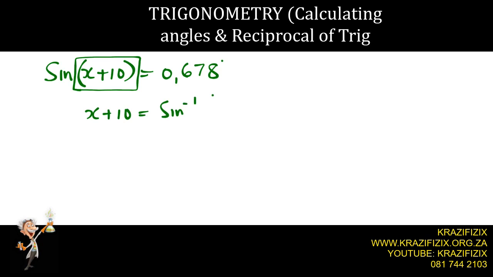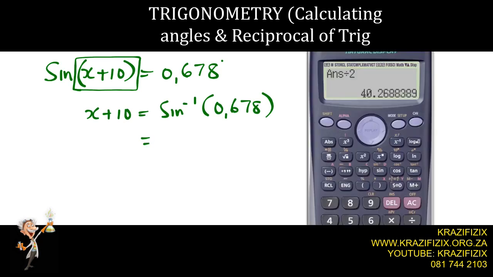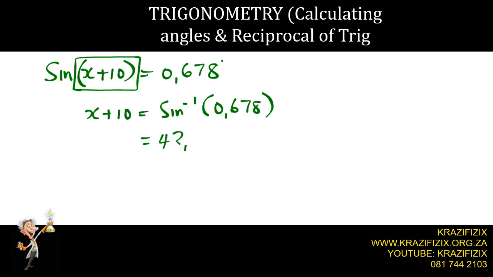Arc sine 0,678. Calculators now, what do we have? Shift sine 0,678. Close the bracket. 42,6875.